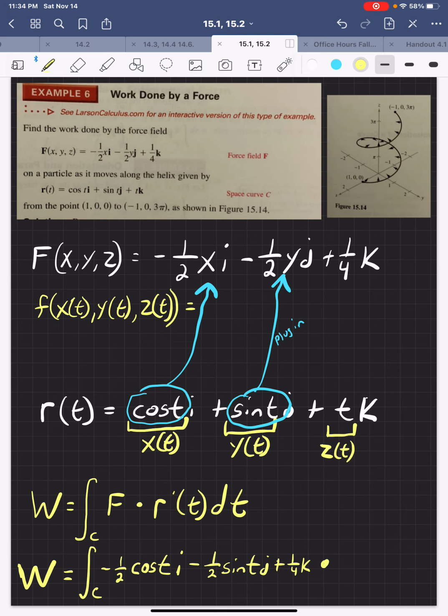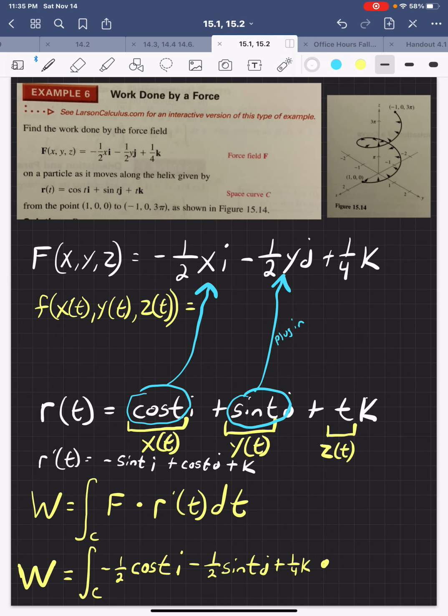Dot, all right, dot what? Well, it's going to be dot r prime. So in this case, r prime of t is going to be negative sine of t, i, plus cosine of t, j, and that's just going to be plus k.